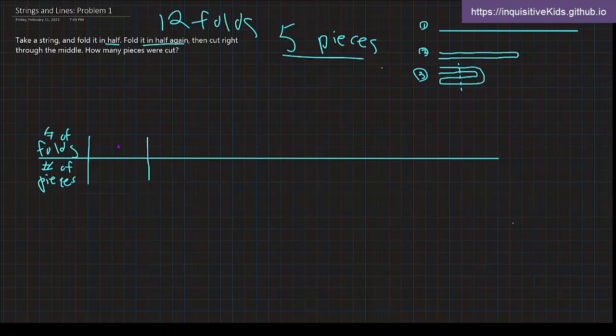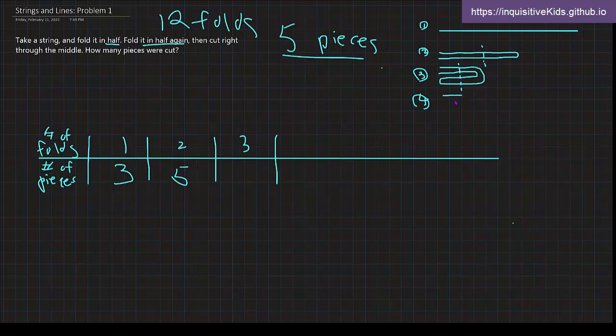So, what if there was only 1 fold and I cut it in half just like that? Well, there would be 1, 2, 3 pieces. 2 folds, we just tested that out. That would be 5 pieces. What about 3 folds? 3 folds, well, you could try doing that.